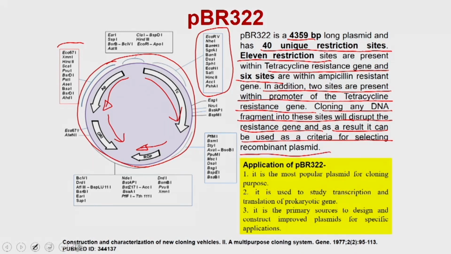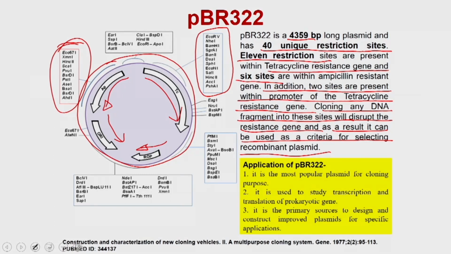This means if you use any of these restriction sites, you can disrupt that particular resistance gene, and that can be one of the criteria you use to screen the newly formed recombinant DNA.